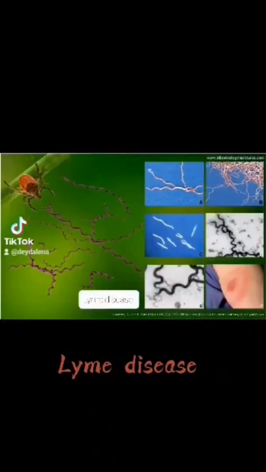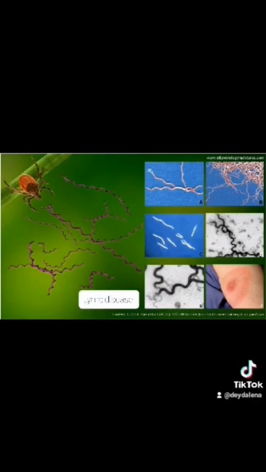Lyme disease is the most common vector-borne disease in North America and Europe and is an emerging problem in Northern Asia. Hard ticks belonging primarily to the genus Ixodes act as vectors in the United States, including Ixodes pacificus in California and Ixodes scapularis in other areas. The tick's natural hosts are deer and rodents.